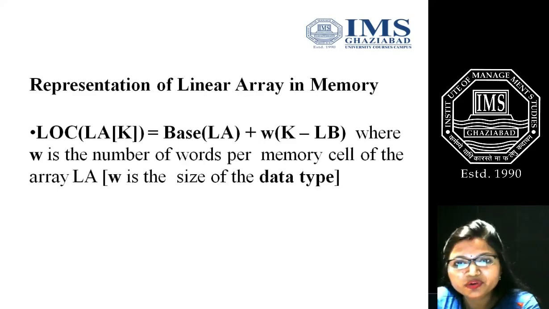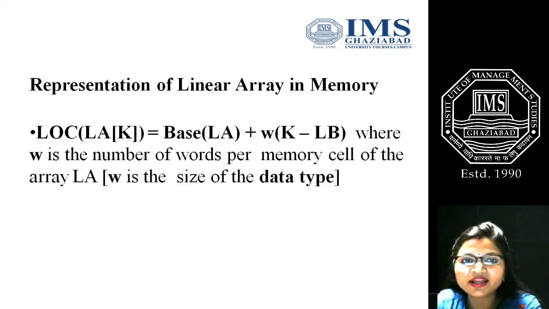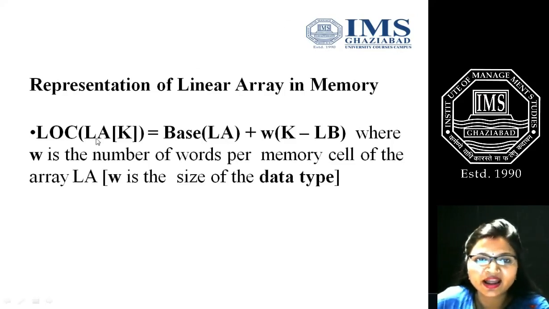If you want to calculate the address of any element in the array, the formula is: location of LA[K], means if you want to find the location of the kth element in the array, is base LA plus W times (K minus LB).